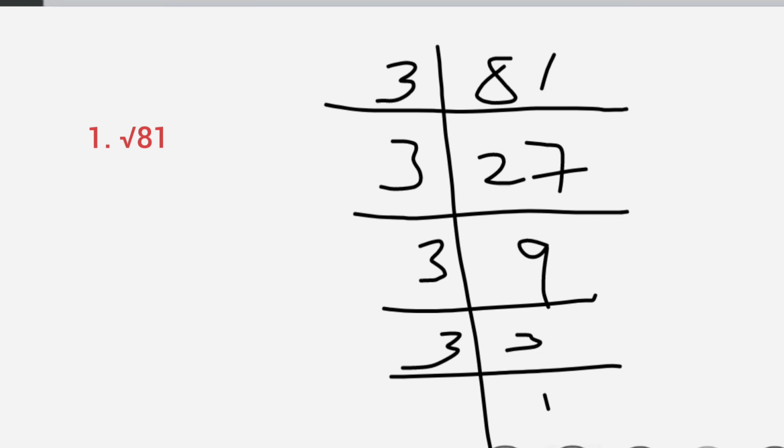Now, since it's a square root, you're going to consider this number 2. So that means we are going to group these numbers in 2's. But make sure that in each set the numbers are identical. Like here we can see that we have 3's, so that means we are going to group these 4 3's in 2's.